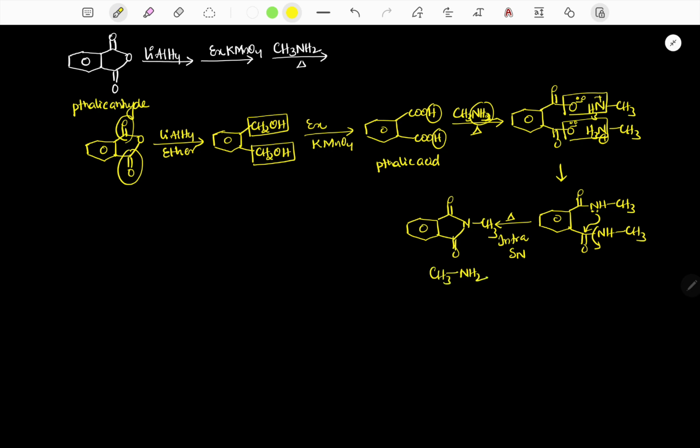The leaving group is CH3NH2. So this product is known as N-methyl phthalimide.